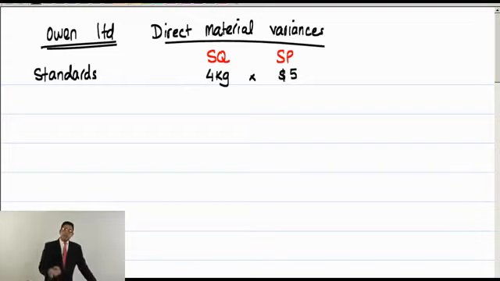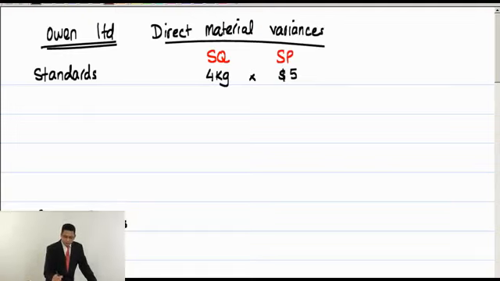When we go to the end of the year, we achieve actual results. So here are the actual results, which you can call actuals. And in actual results, we will have the same thing: some quantity as per actual results and some price as per actual results.